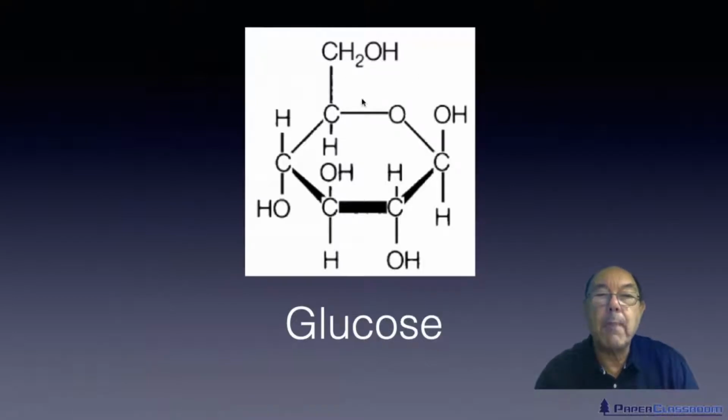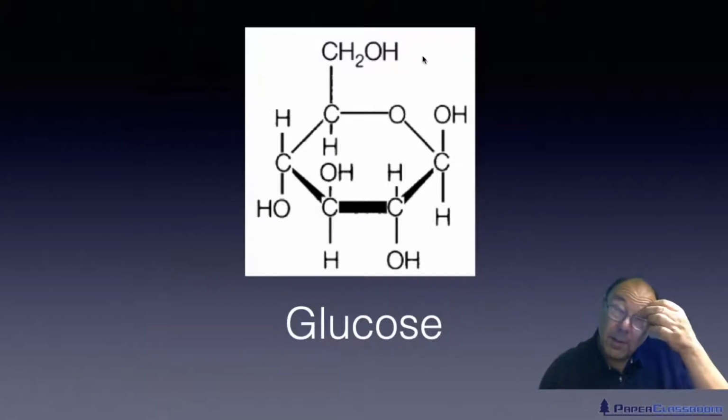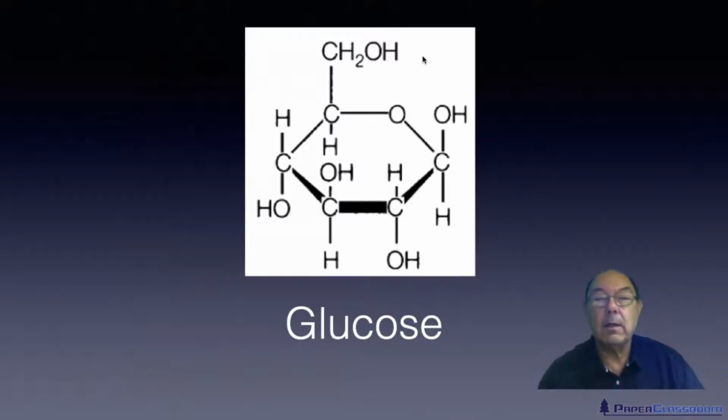It's a six-membered ring. So 1, 2, 3, 4, 5 carbons and an oxygen, a six-membered ring. And the most important thing to note is all these hydroxyl groups. So one here, one there, that's 2, one there, that's 3, one there, that's 4, one there, that's 5. So every single glucose molecule has 5 hydroxyl groups, and there are millions of them in a single fibre.